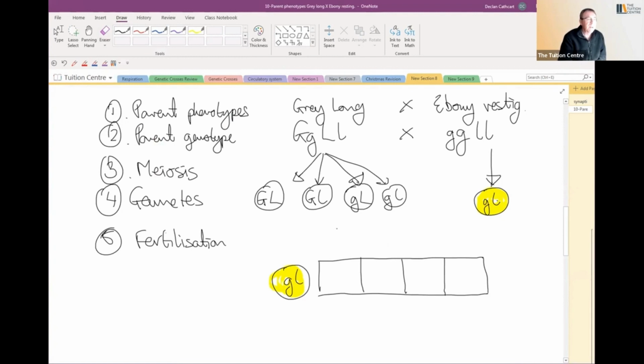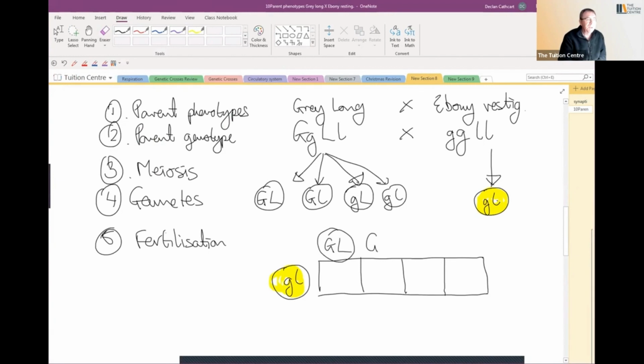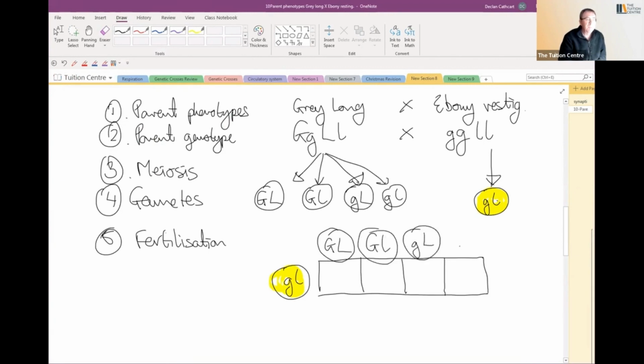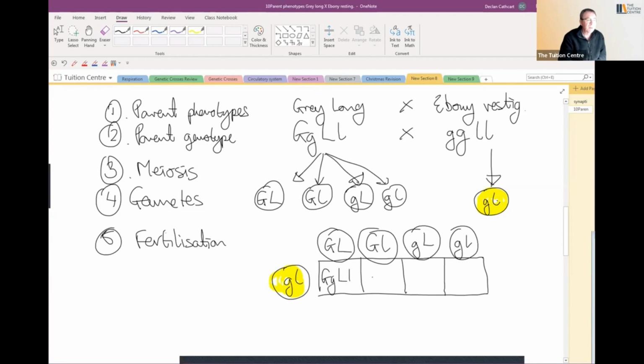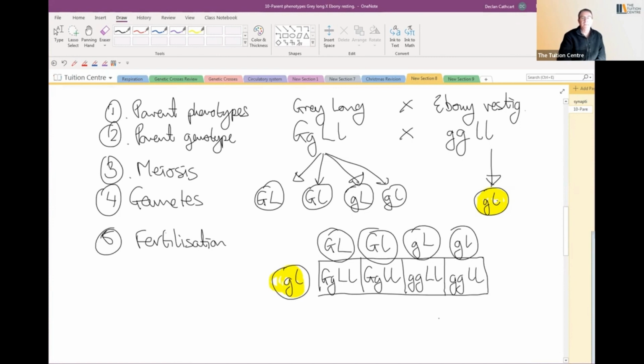The gametes that are available from the other parent are big G, big L, big G, small L, small g, big L, and small g, small L. Okay, so when you put these through the fertilization mill, you get big G, big L, small g, small l; big G, small L, small g, small l; small g, big L, small g, small l; and small everything for the last one. So there are 4 different possible genotypes.